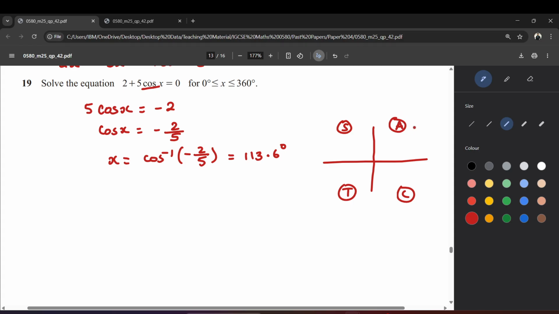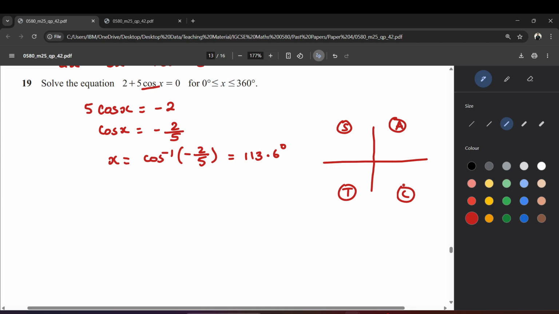Now look, A means that all the trigonometric ratios, sine theta, cos theta, and tan theta, are all positive in the first quadrant. In the second quadrant, only sine theta is positive, which means tan theta and cos theta will be negative. In the third quadrant, only tan theta is positive, and sine theta and cos theta are negative.